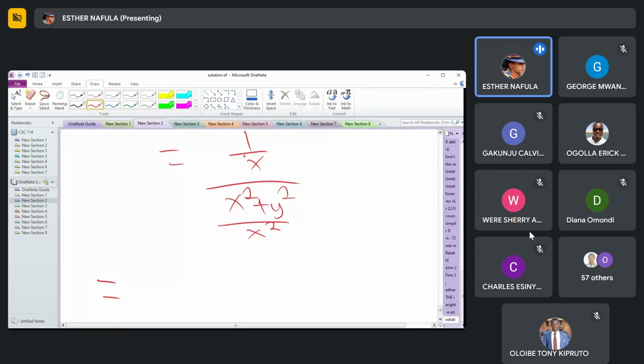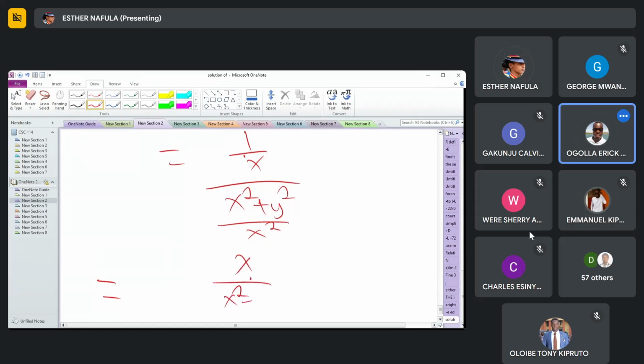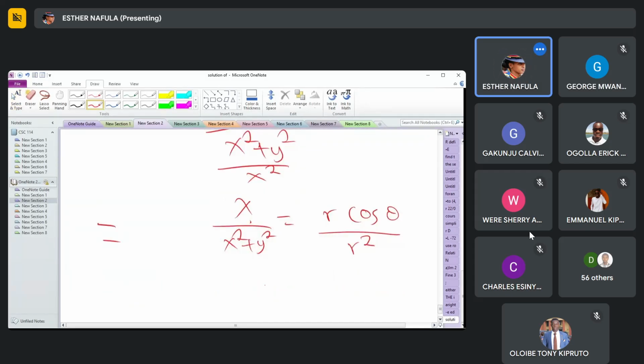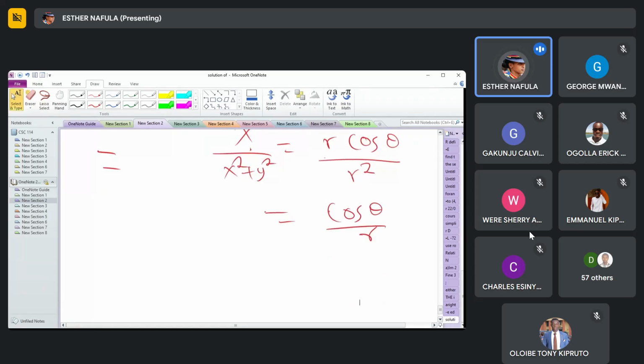X over x squared plus y squared. But x is the same thing as r cos theta, and x squared plus y squared is the same thing as r squared, right? Cancel out r and r, you get cos theta divided by r. So we have partial theta, partial y is cos theta over r.